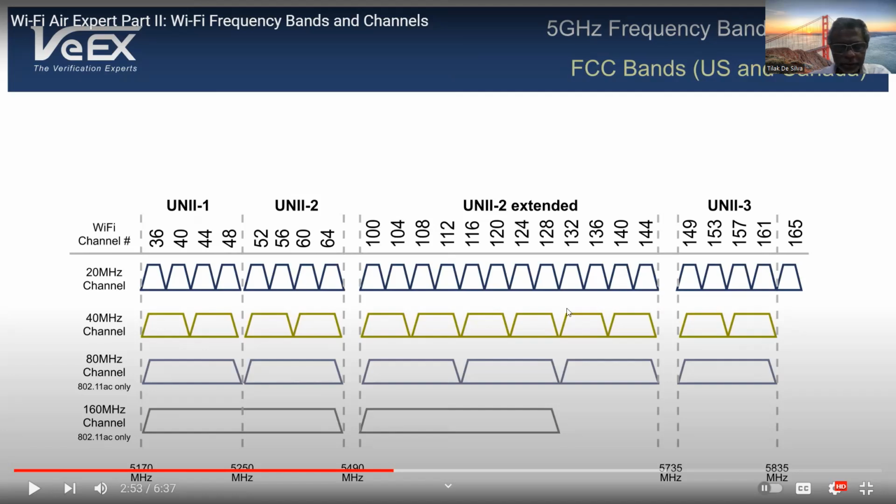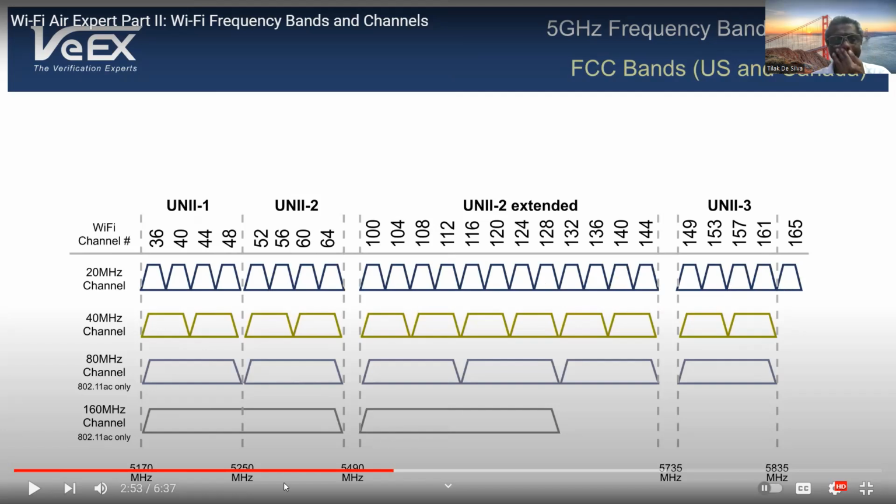There are about 20 channels we can use here, about 25 channels, whereas in 2.4 GHz we can use only 3 non-overlapping channels.